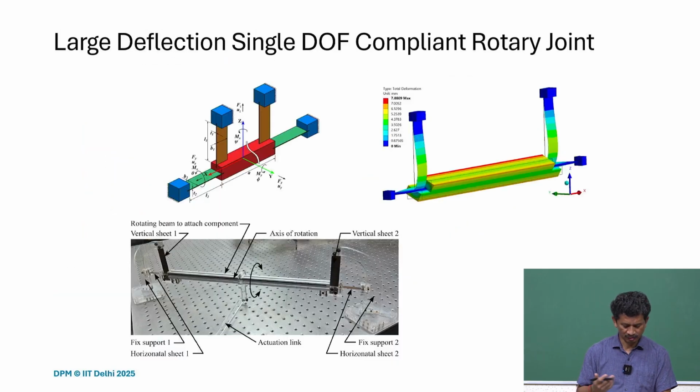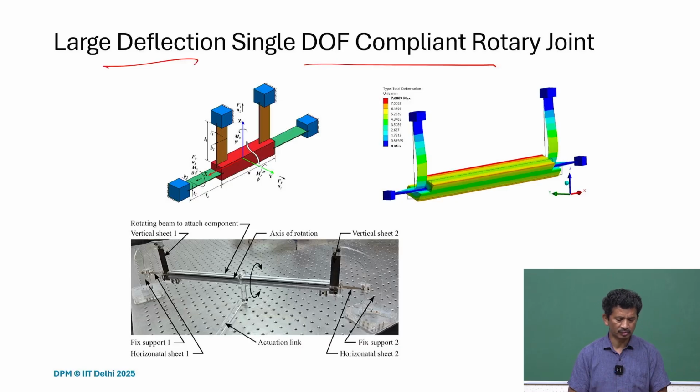Similarly, in our lab we also developed a single DOF compliant rotary joint for large deflection applications, again based on sheet flexures. One can start with the kinematic design, understanding the degrees of freedom and constraints.